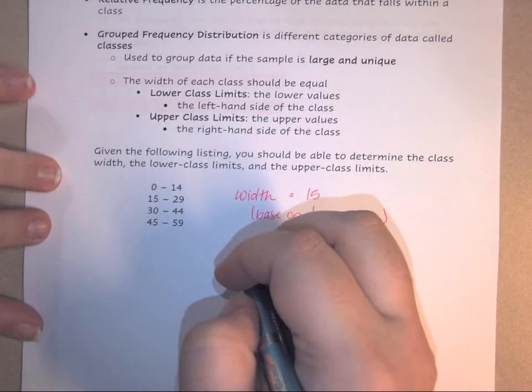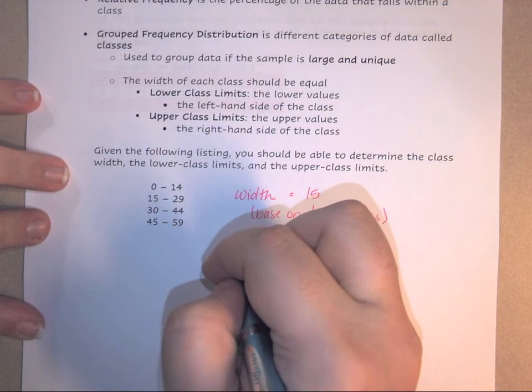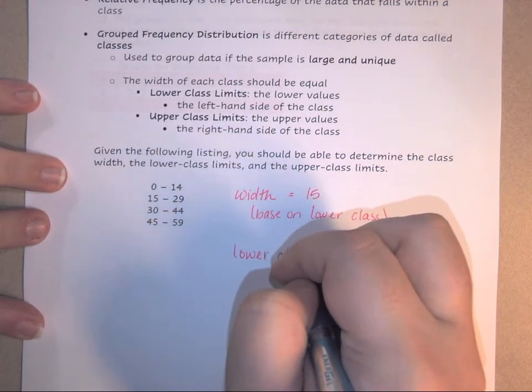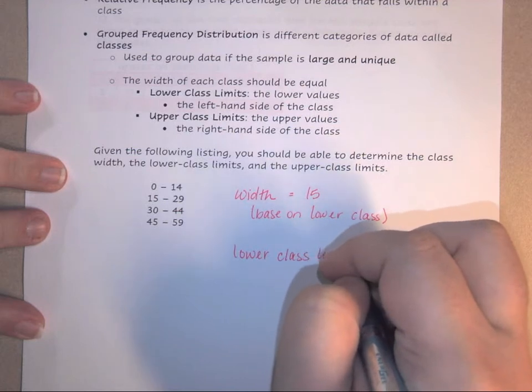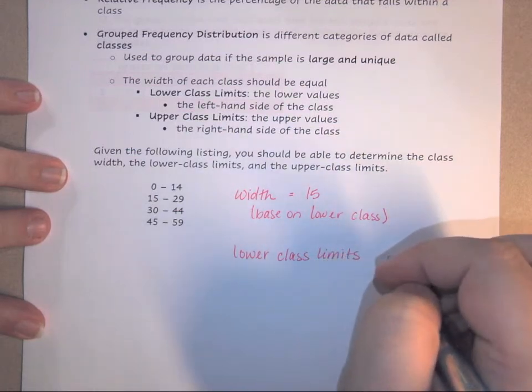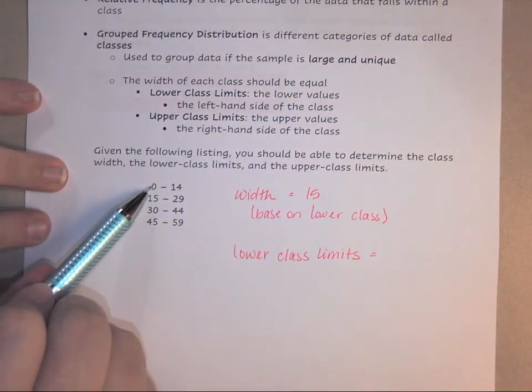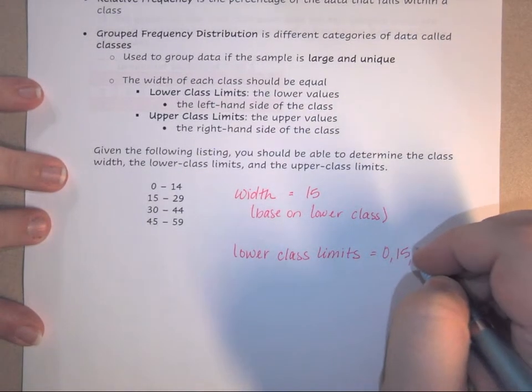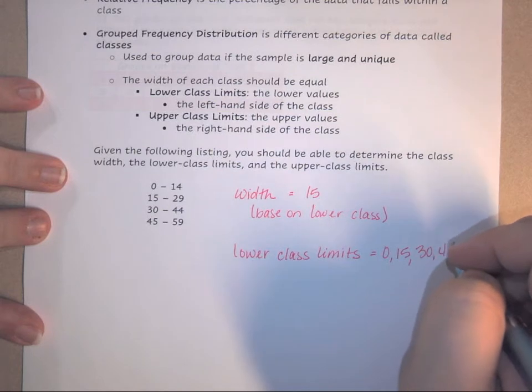Now that being said, I can go ahead and list my lower class limits, and those being essentially all of my left hand values. So 0, 15, 30, and 45.